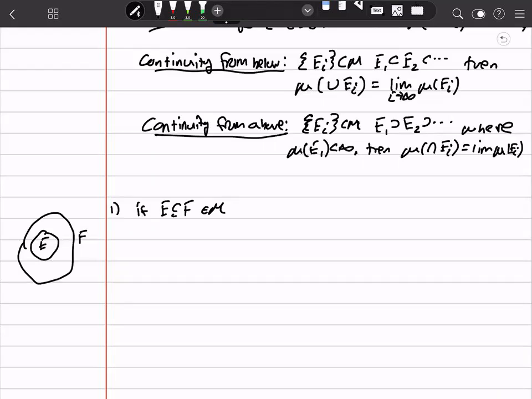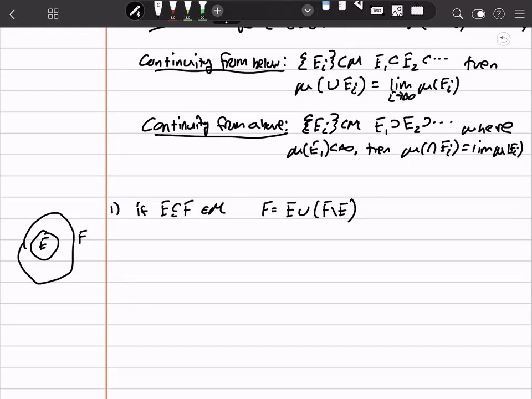We can write F as a disjoint union, E union F minus E. F set minus E is the set of all elements in F that are not in E, and E is just the set of all elements that are in E, and taking the union is, of course, equal to F.